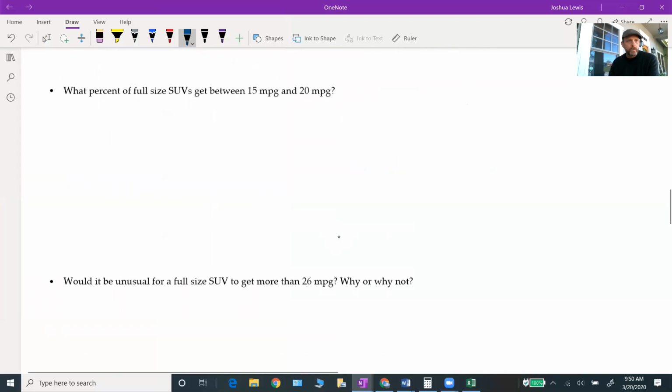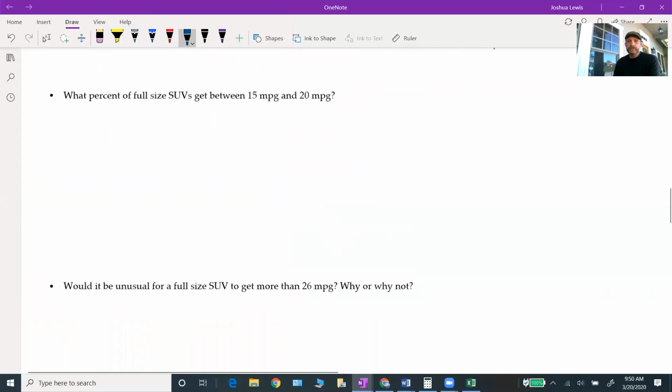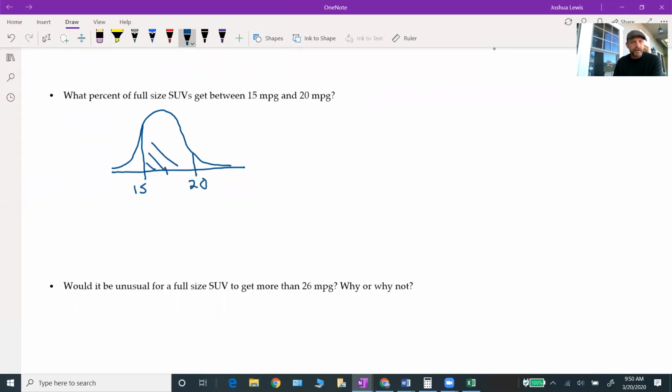All right, what percent of full-size SUVs get between 15 miles per gallon and 20 miles per gallon? Well, so here's my curve. The mean is right there in the middle. And we've got 15 here. We've got, I don't know, maybe 20 here. And this is the area that we're looking for, okay?